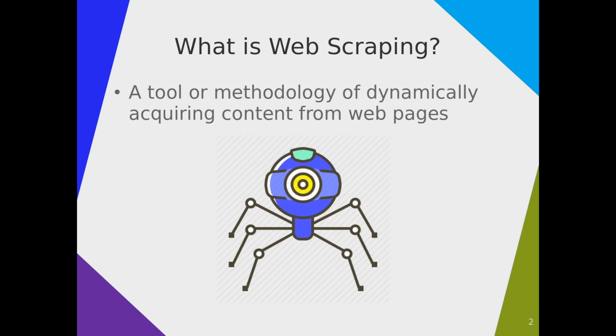Ideally, we want to use APIs, or application programming interfaces, to do this, but not every data source, every website, every company has an API. So we can't utilize and rely solely on APIs all the time.